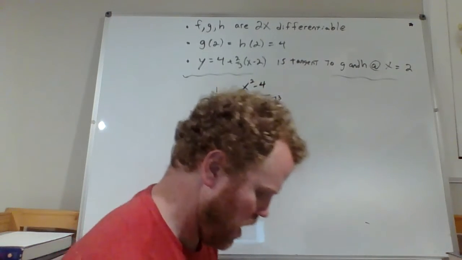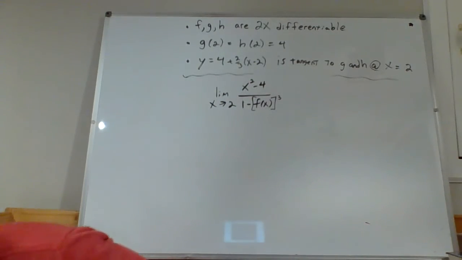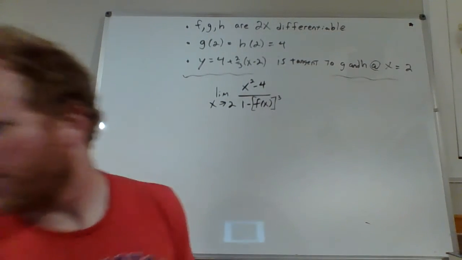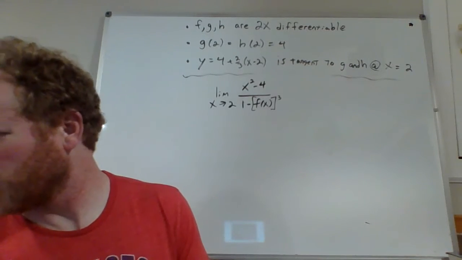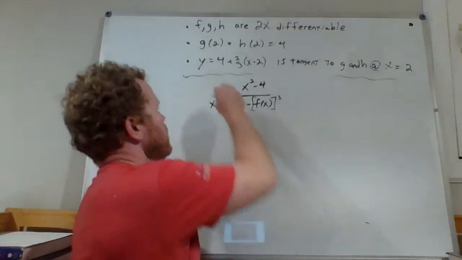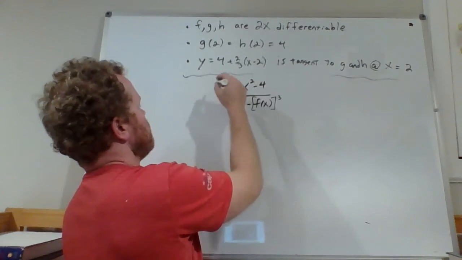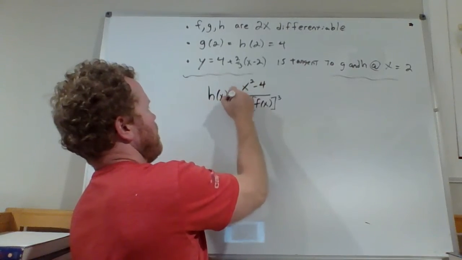And it wants you to find f of 2, and eventually f prime of 2. And it tells you that this function is named h of x.